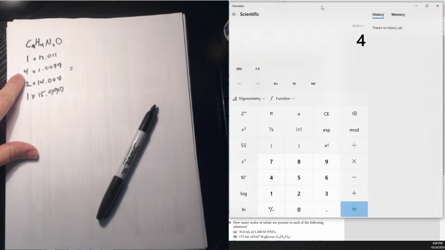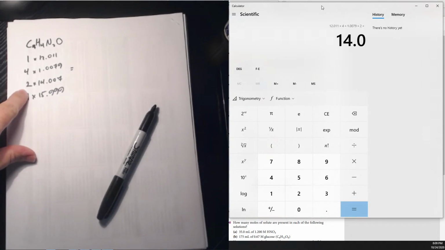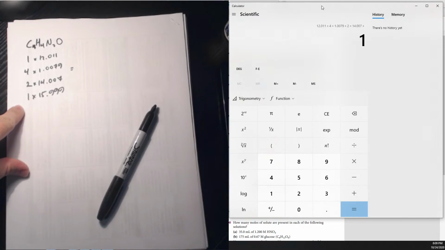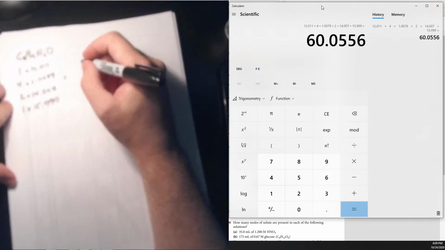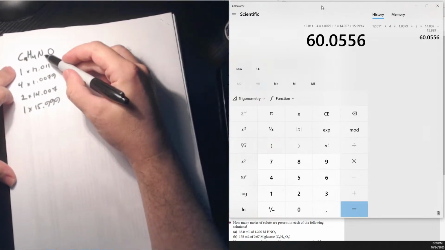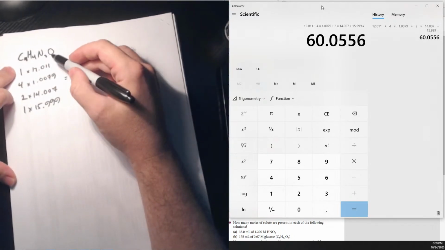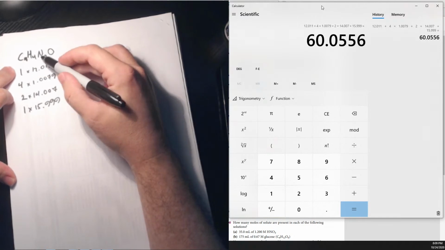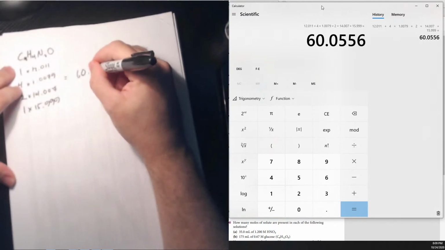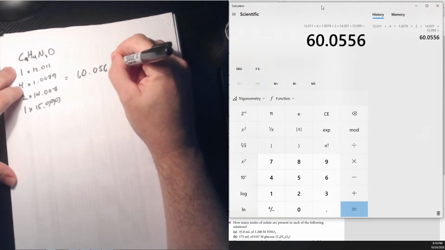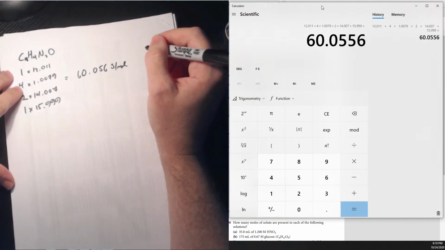Plus 4 times 1.0079 plus 2 times 14.007 plus 15.999. Total mass of, really, 12 plus 28, it's going to be 40 plus 16 makes 56 plus 4. 60.056 grams per mole.